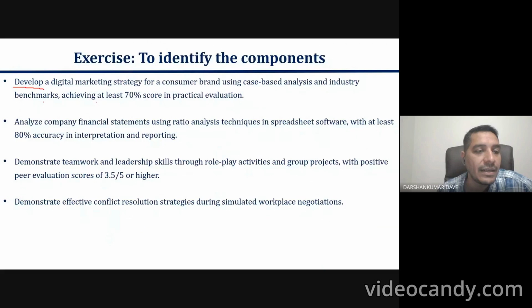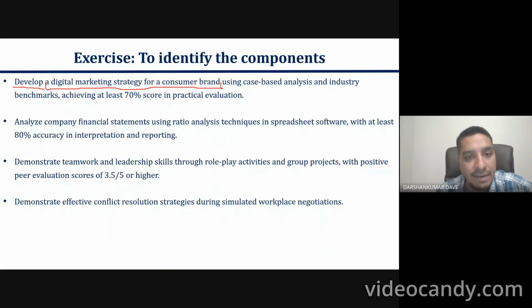Then the subject, what he will be able to do, he will be able to develop what? To develop a digital marketing strategy, but that is not enough. He will not be able to develop digital marketing strategy for anything. He will be able to do this for a consumer brand. So up to there is your subject.